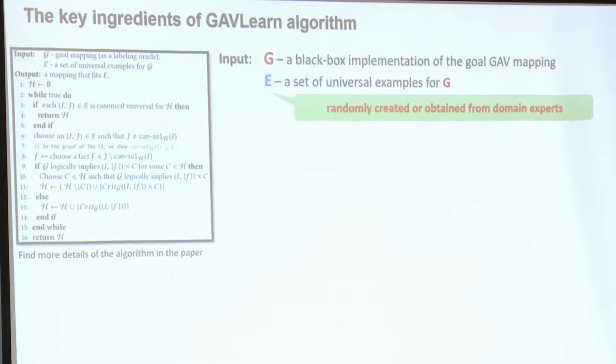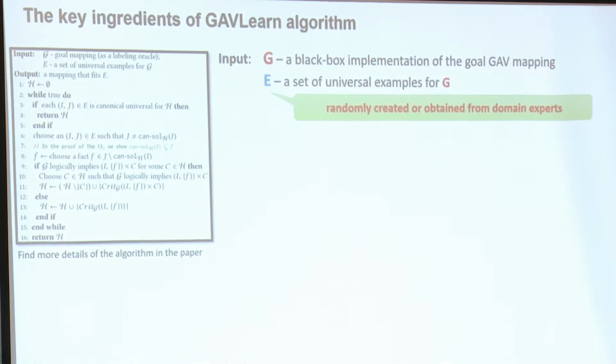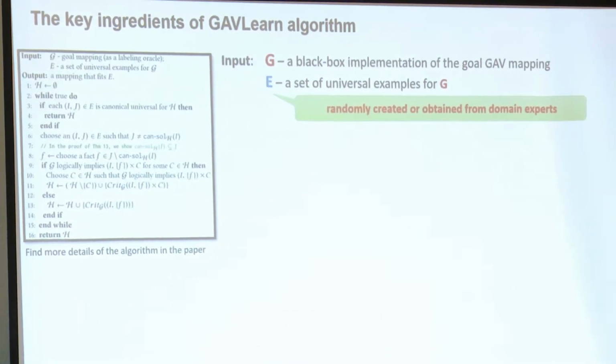For example, in our motivating scenario, we have this black box. We can randomly create source facts to form a random source instance, and then use the black box to convert it into the corresponding universal solution. Then we have the random examples, and that's the input to the algorithm.